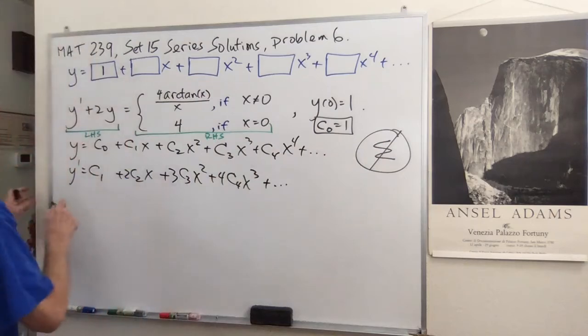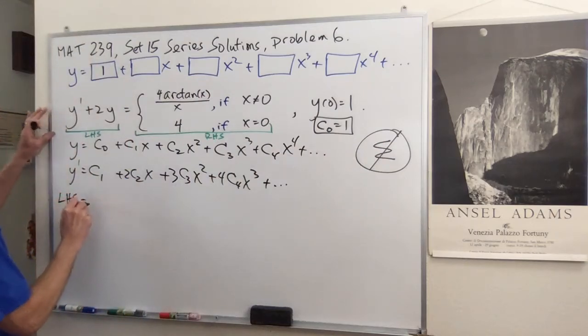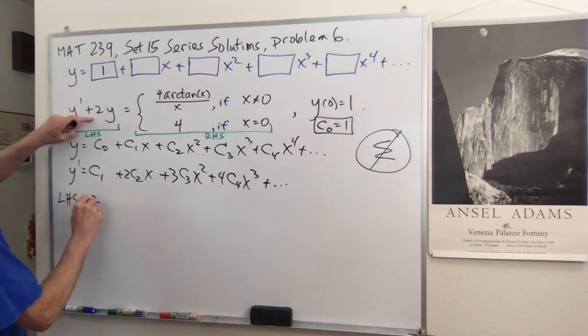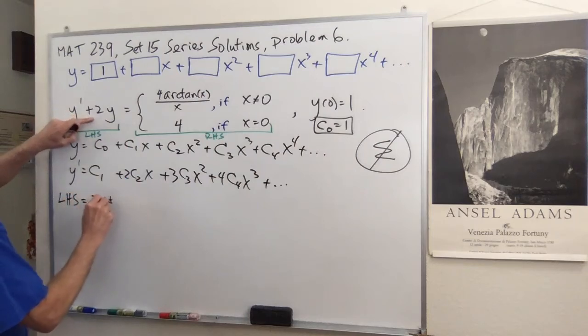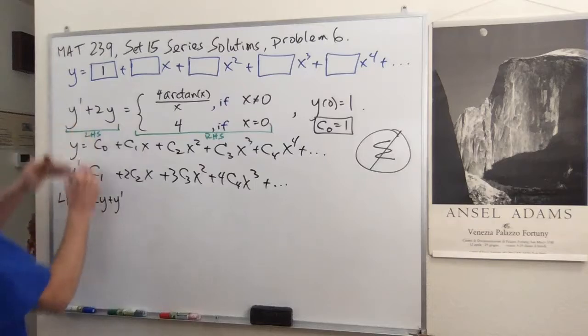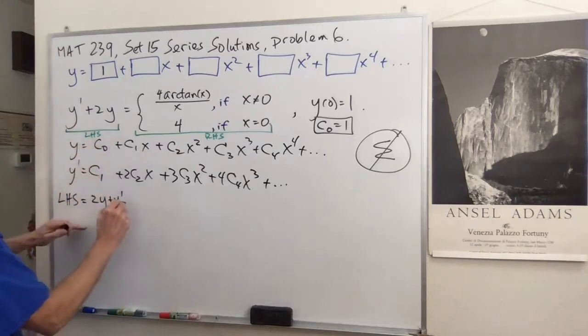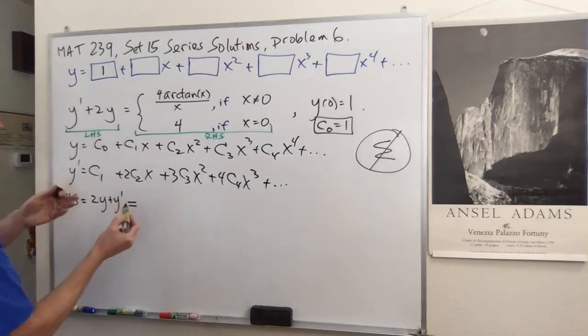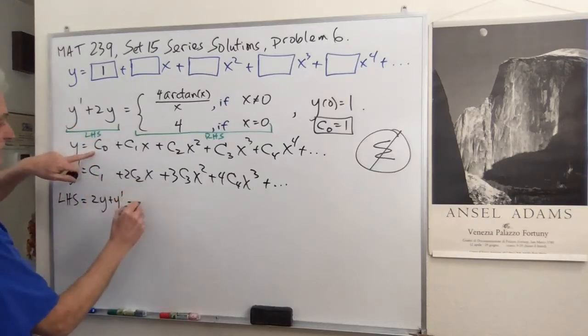Now let's get back to the left-hand side and the right-hand side. What is the left-hand side of this ODE? I'm going to write it as 2y plus y prime. I'm writing the 2y first, so that when I add twice that plus that, it'll be a little nicer to have the C0s first.